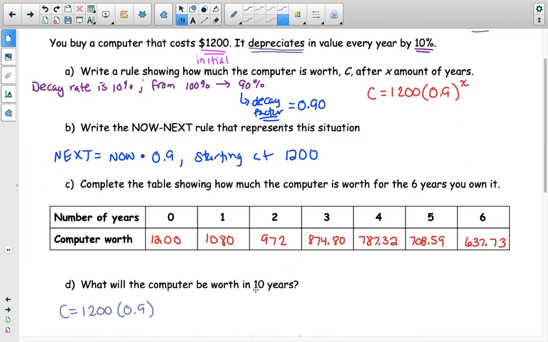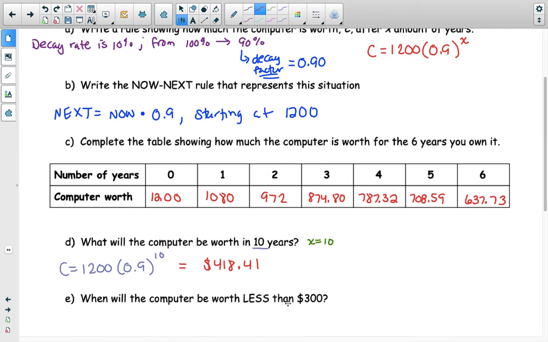I want to know what it is in 10 years, so I would raise it to the 10th power because x is equal to 10. So when I plug that in, I'll get $418.41, because again, we're rounding to the nearest hundredth for money. And I do want to use my units. Money is in the front.